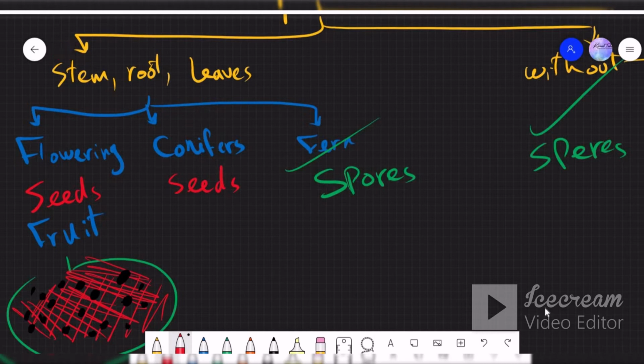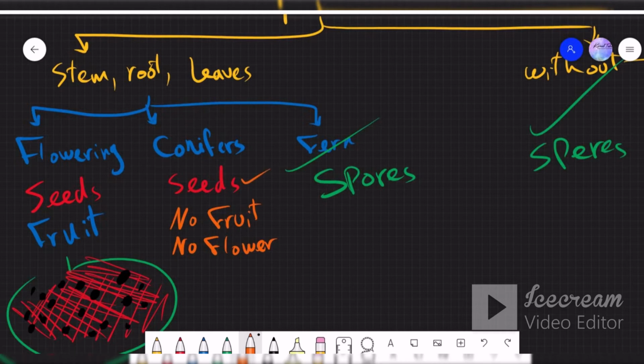On the other hand, the coniferous plants, guys, do not make fruit. No fruit, and of course no flower. No flower, no fruit, but of course they have seeds.